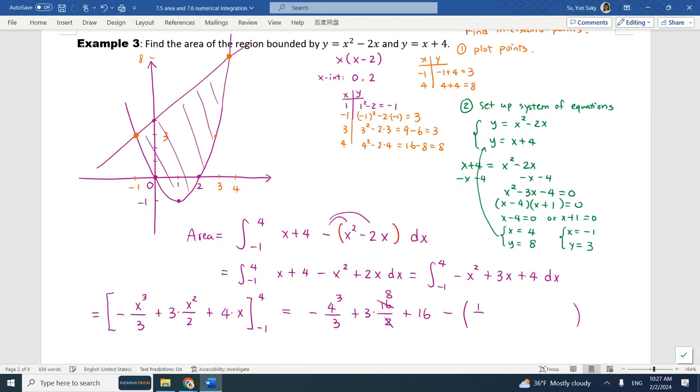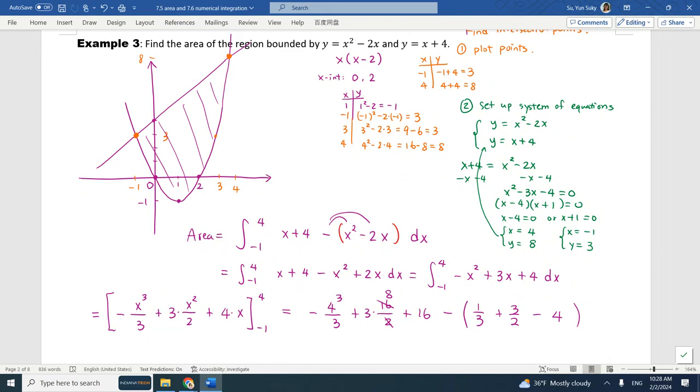Yeah, so we get 1/3. And what's -1 squared? 1. So this is 3/2. Oh yeah. And then we plug in -1. It becomes -4. Yes, everybody?